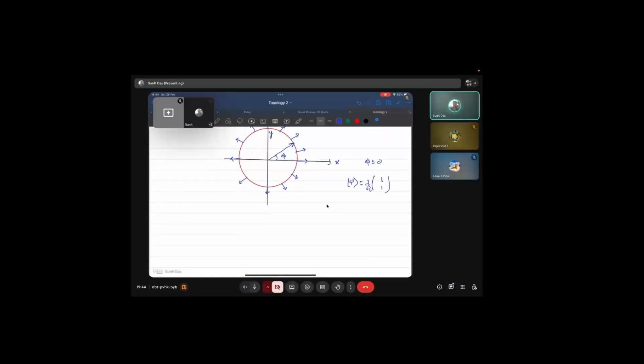When phi is, let's say, pi by 2, psi equals 1 by root 2, 1, and then what will happen? e to the power i pi by 2, so iota, right? So this is another scenario.